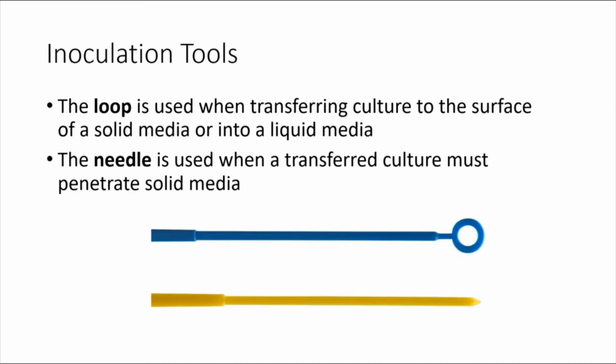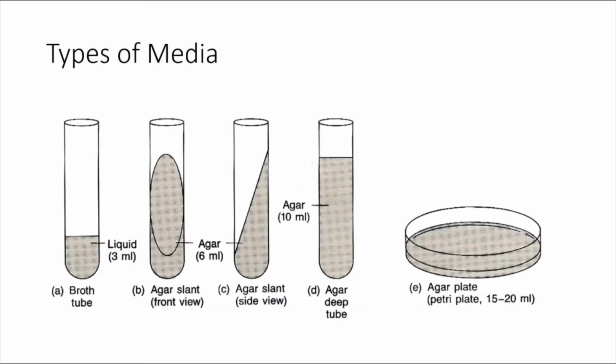The loop is the one that you see pictured on the top in blue, and this is used when transferring culture to a solid plate medium or into a liquid medium. The needle is used when a transferred culture needs to penetrate a solid media. It's also used for the Agar slant, which is one of the types of media that you'll be introduced to in this lab.